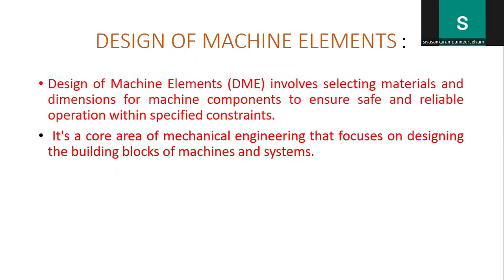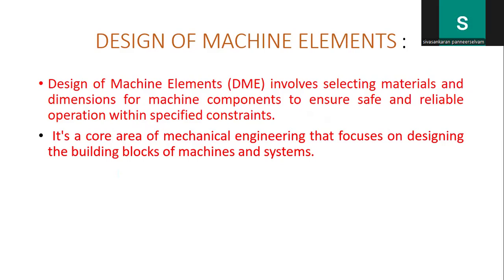So this course is about to discuss various types of mission elements and the corresponding dimensions for various mission elements in order to ensure safe and reliable operations within the specified constraints.